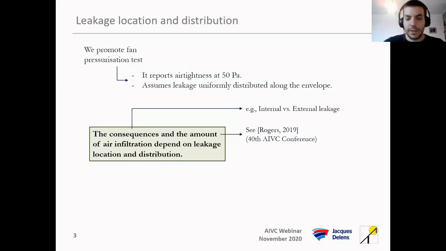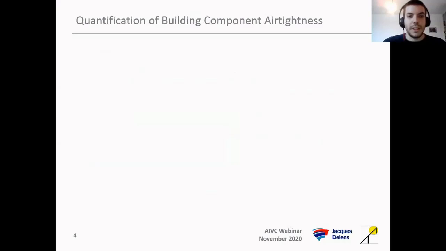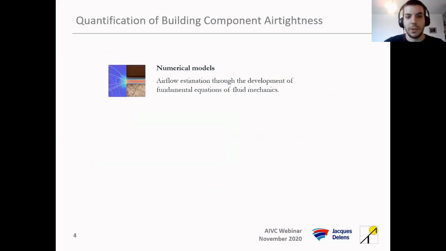And so with that said, we are now looking at how to evaluate and quantify building component airtightness in parallel with overall building performance. Regarding the methods for quantifying building component airtightness, we have three categories. There are the numerical models, which consist in the estimation of airflow through the development of fundamental equations of fluid mechanics.